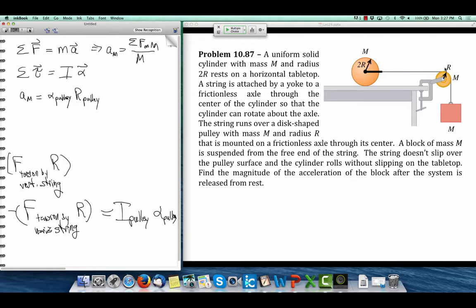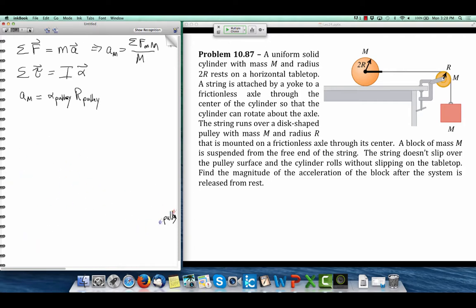So the cylinder is both rotating and translating. I'm just going to write that way, even though I wrote it out earlier.